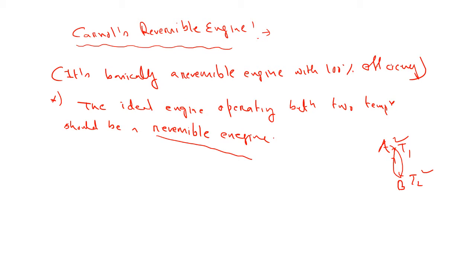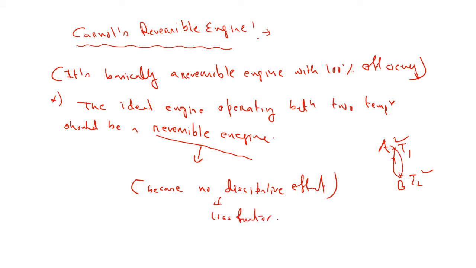So it is operating between two temperatures only. In a reversible engine there is no dissipative effect, no loss factor, no loss of any energy, no loss of any temperature.